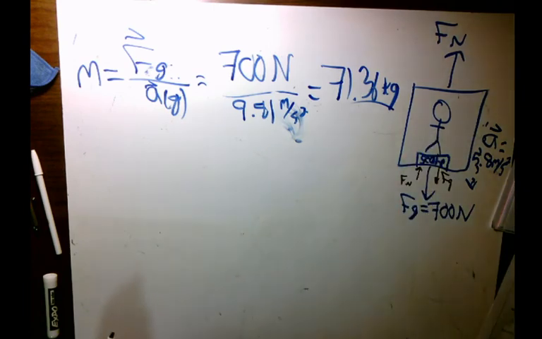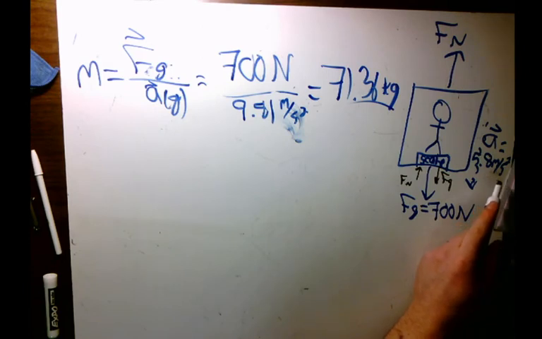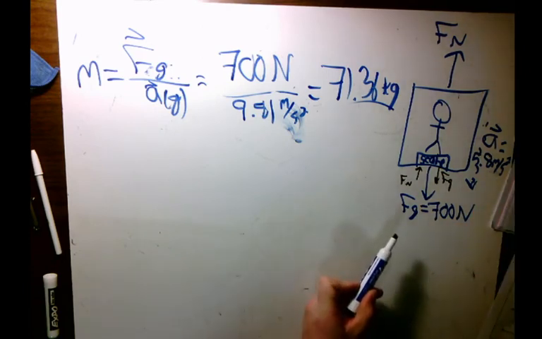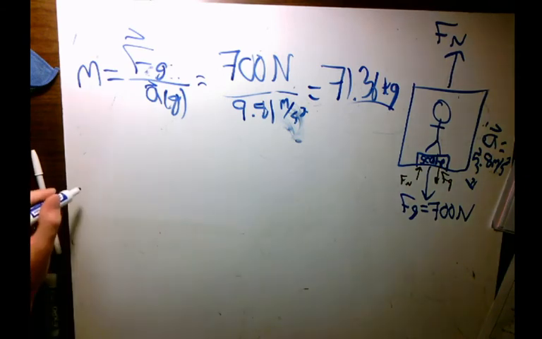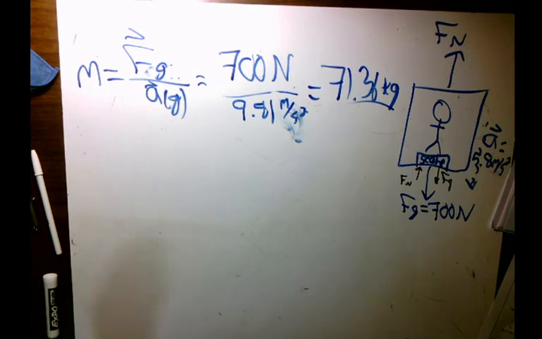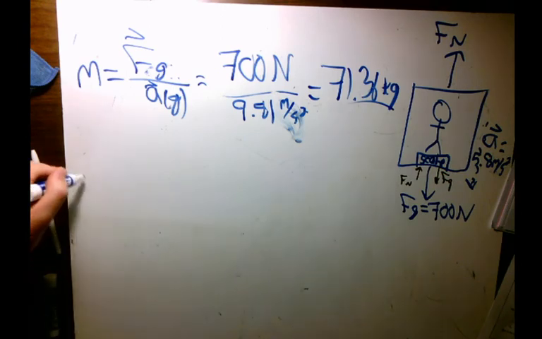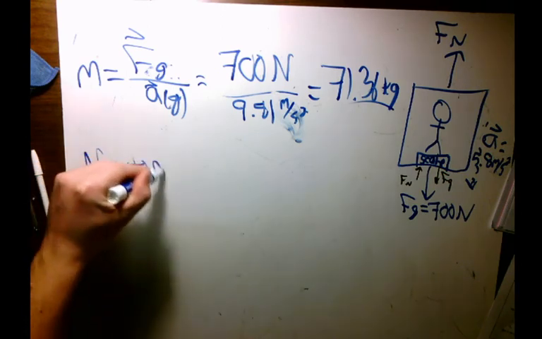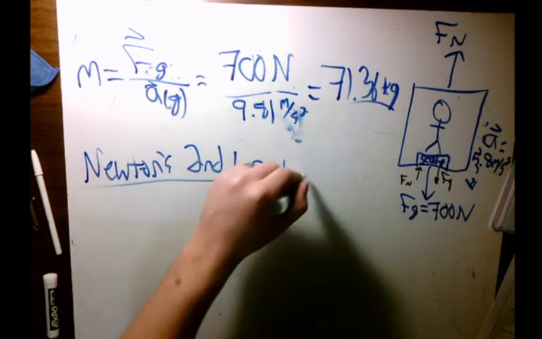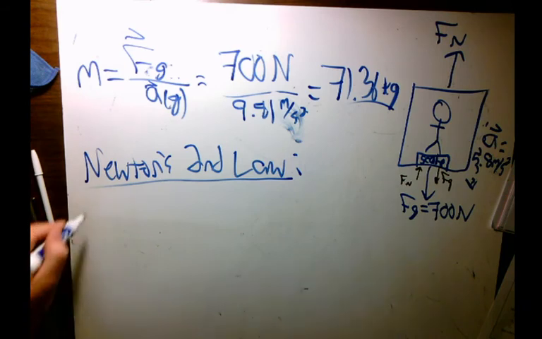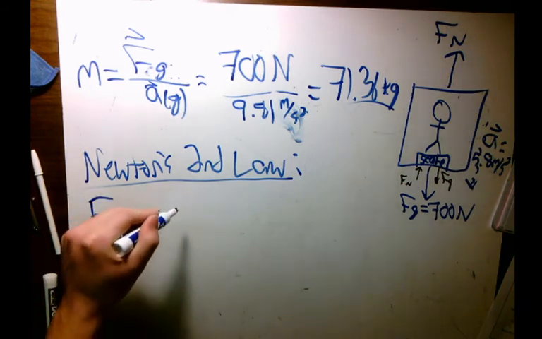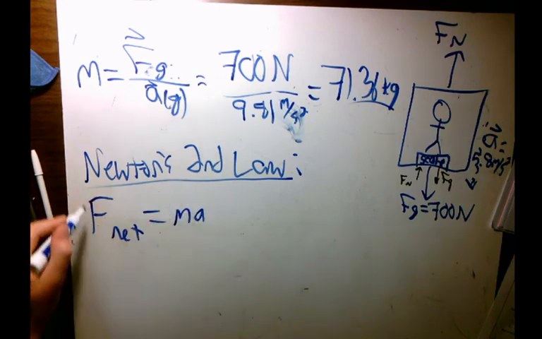All right, so we know we have an acceleration, so we can't use Newton's first law to solve. We're trying to find the unequal forces that give us 5.8 meters per second squared. So here we're going to use Newton's second law. Our net force is equal to mass times acceleration.